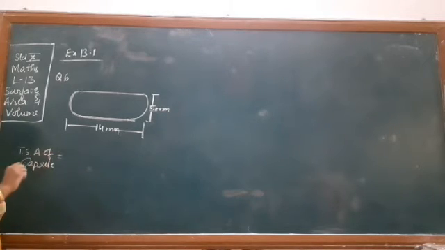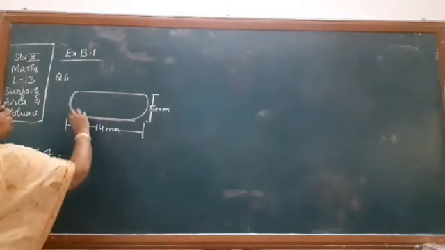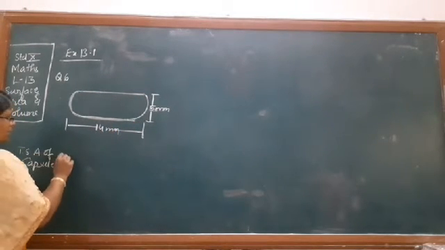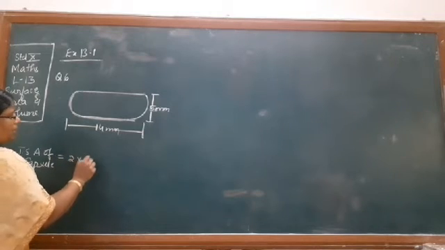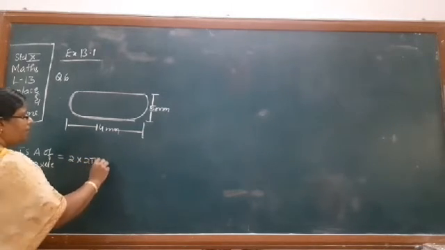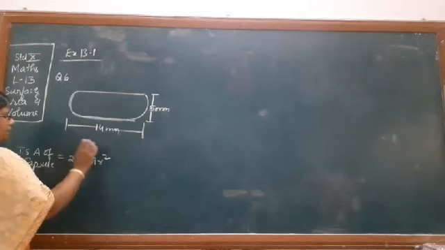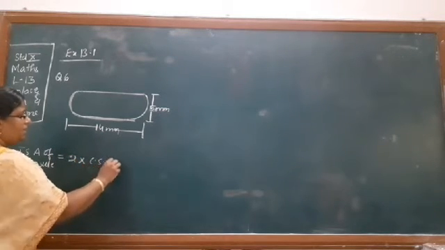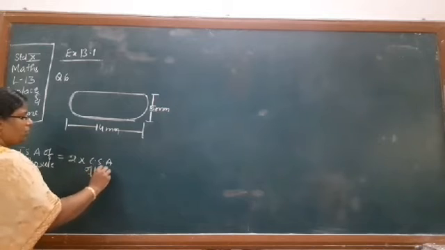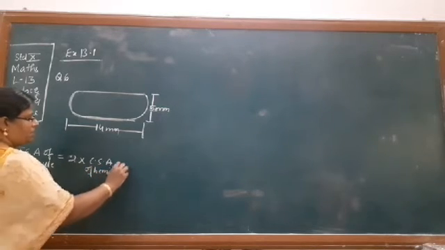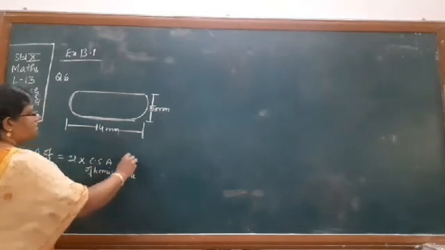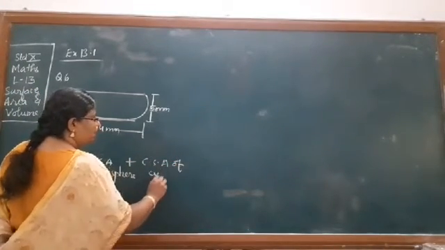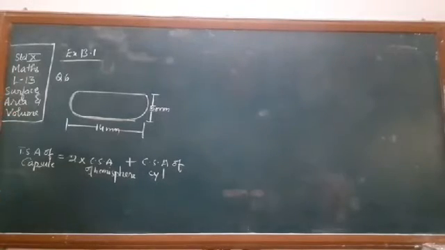So we can write the formula first: 2 into curved surface area of hemisphere, because there are two hemispheres, plus curved surface area of cylinder, isn't it?